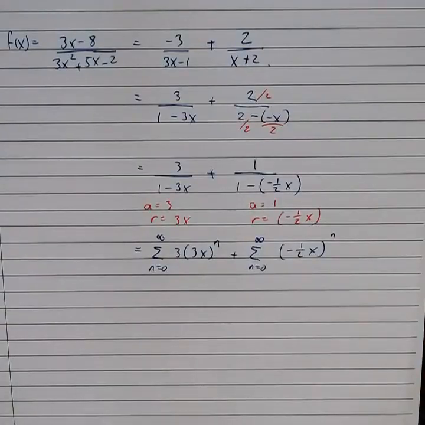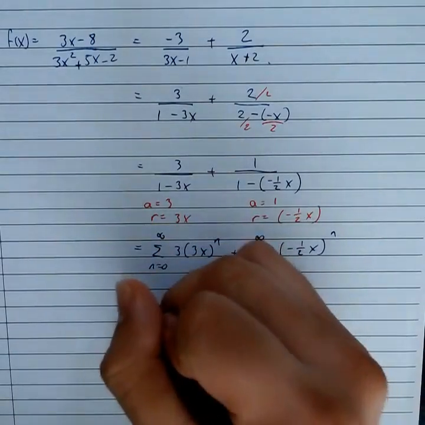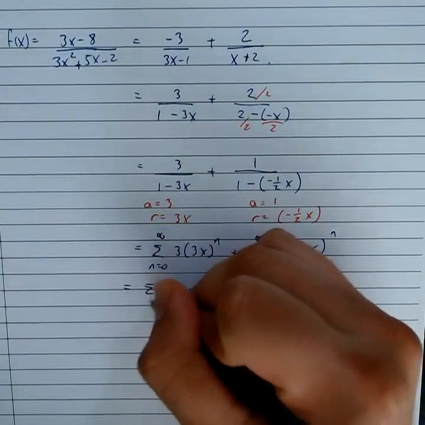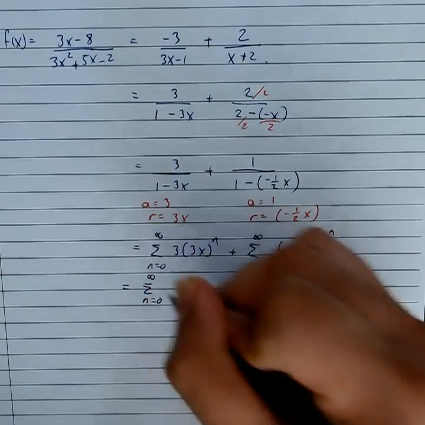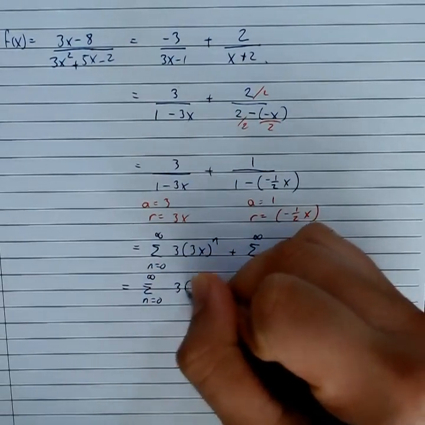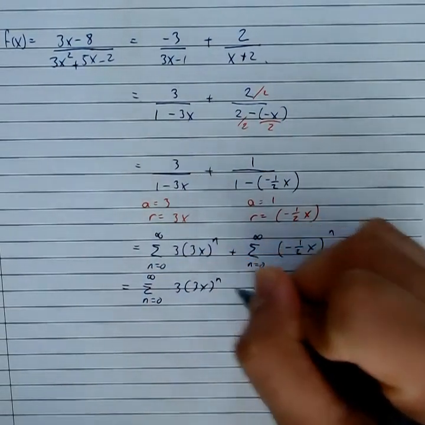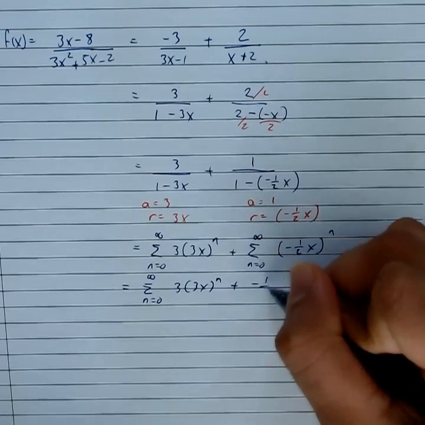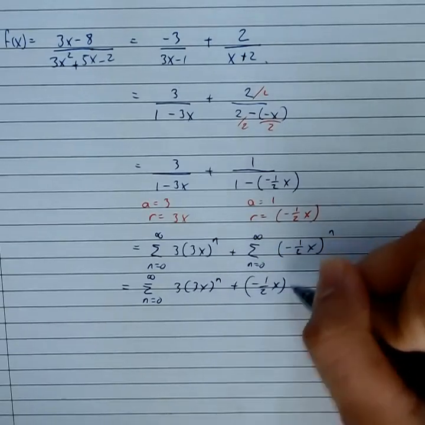Just like that. But since both of these are sums, we can add the terms together. So we can write this as the sum as n goes from 0 to infinity of 3 times 3x to the power n plus negative 1/2 x also to the power n.